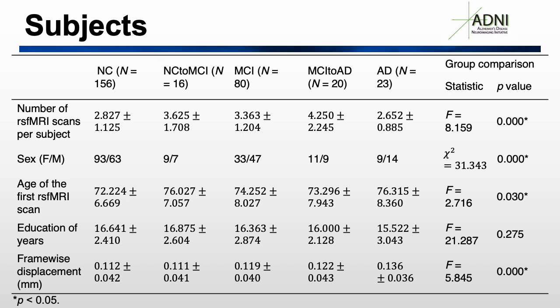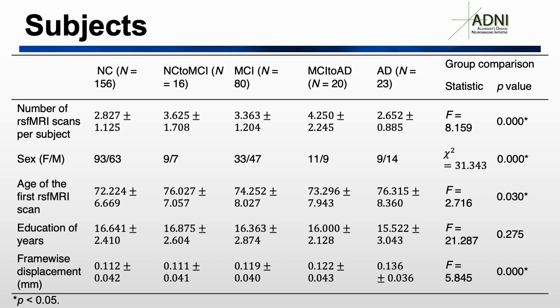For the NC to MCI group, we required each subject had at least 1 scan while they were healthy and at least 1 scan while they were diagnosed as MCI. For the MCI to AD group, we required each subject had at least 1 scan while they were diagnosed as MCI and at least 1 scan while they were diagnosed as Alzheimer's.